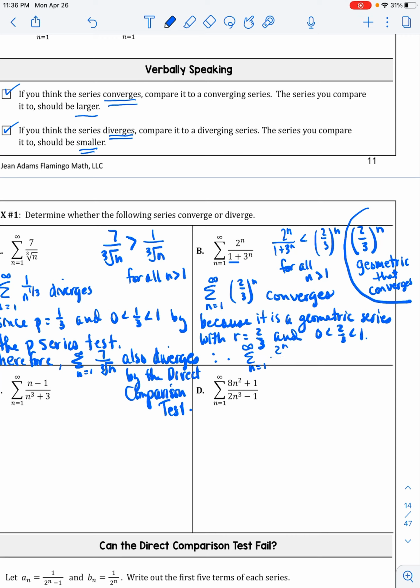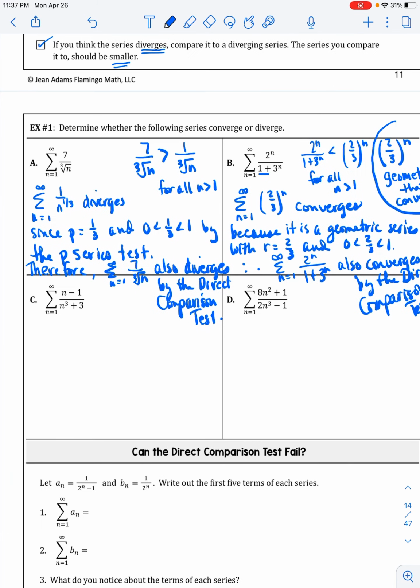And then, therefore, summation n equals 1 to infinity 2 to the n over 1 plus 3 to the n also converges by the direct comparison test.